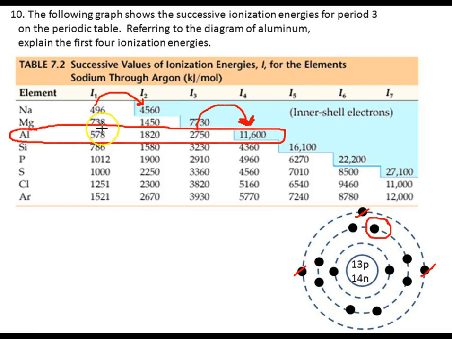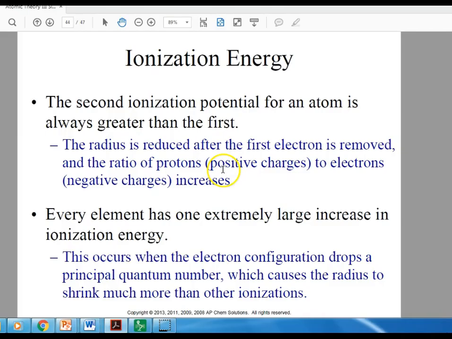Magnesium has 2 valence, so we kind of double from 1 to 2, but then from 2 to 3, look at that huge jump, because the third is in an inner shell. So however many electrons you have before the huge jump is telling you how many valence electrons there are within that element. Let's flip back to your notes and then we'll come back and look at some more examples.